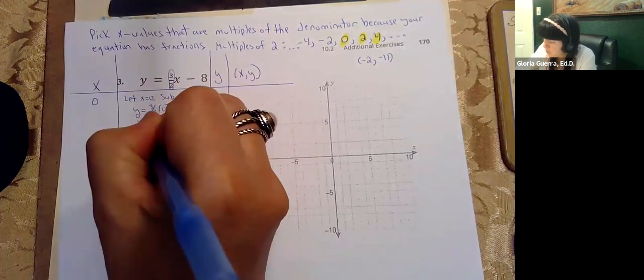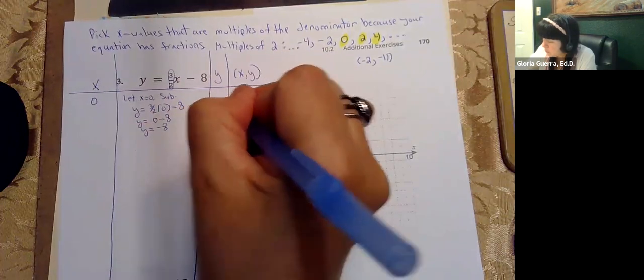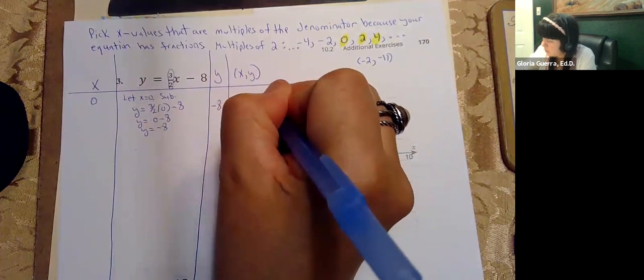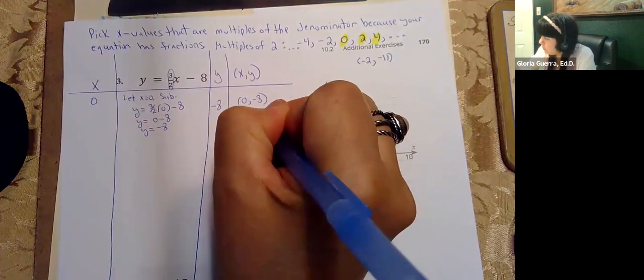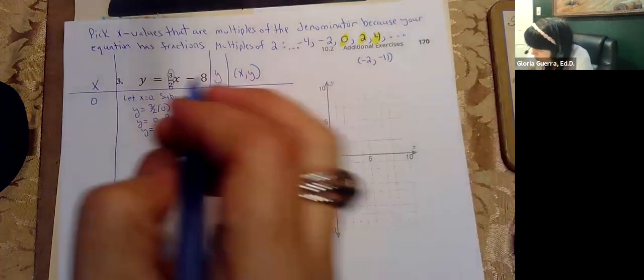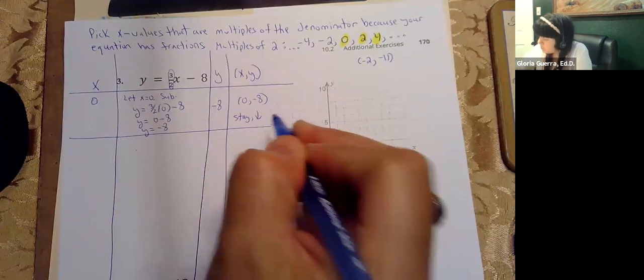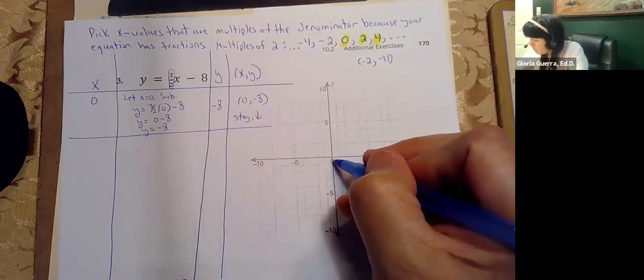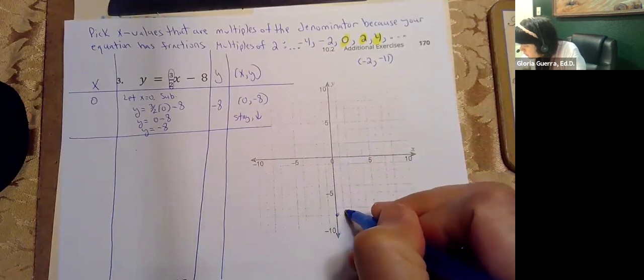So that's just 0 minus 8, which is just -8. So you have 0, -8. So 0 tells you to stay, and then you go down 5, 6, 7, 8.